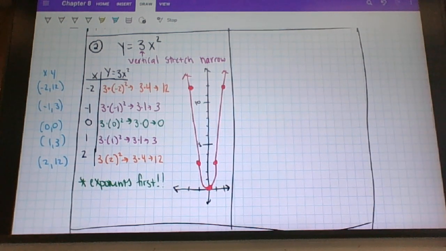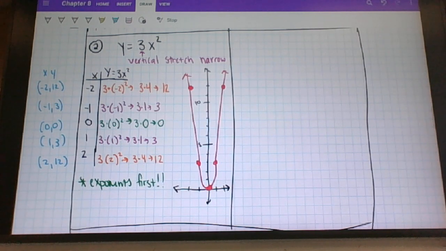This one looks like this, and this one will look like this. You see it? So had this been 1/3, a fraction, it would be wider. So the number in front affects if it's skinny or wide, and the number at the end moves it up or down. So this one is skinny and it's moved down, as compared to that one we started with in box number 1.